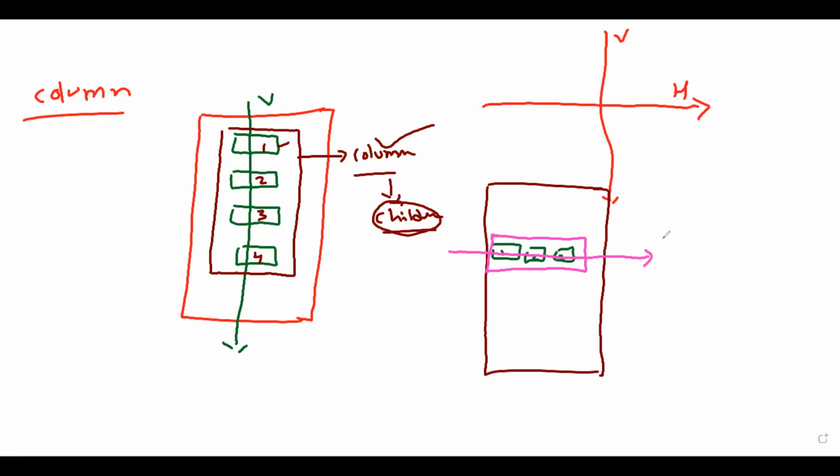So now we'll take a row widget. Now clear? What is the difference between the rows and columns? You got the basic idea of the column and rows. In most places, if you know this, the column and rows, you can design any kind of design.